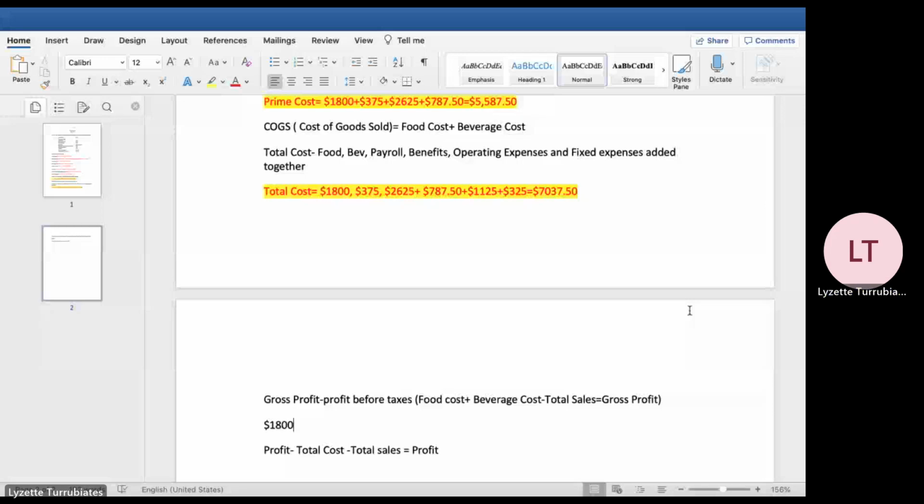So for the gross profit, we're going to be taking food costs plus our beverage costs, so that's $1,800 plus $375. And then we're going to be deducting that from our total sales. $1,800 plus $375 is $2,175, and we're going to be subtracting that from our total $7,500.